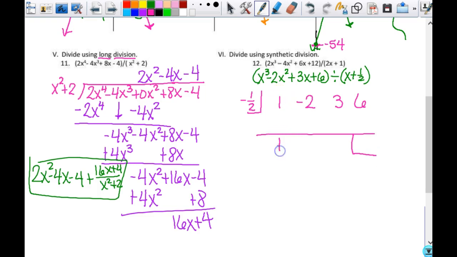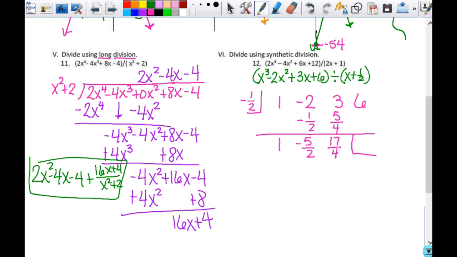So bring down my 1, negative 1/2 times 1 is negative 1/2. Negative 2 plus a negative 1/2 is going to be a negative 5/2. I'm going to multiply negative 1/2 times a negative 5/2. I'm going to get a positive 5/4. Then 3 plus a positive 5/4 is going to give me 17/4.